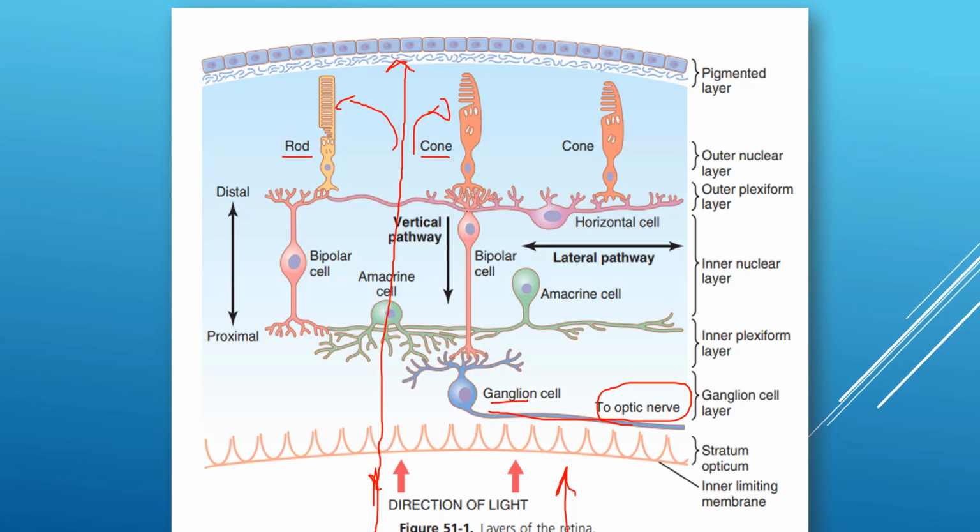So this horizontal cell, if you're in, let's say, a dark room, rods will be activated, but some part of the cones are activated, and the horizontal cell will link these two cells, so they will give you the ability to see some colors, not all colors, in a dark room.